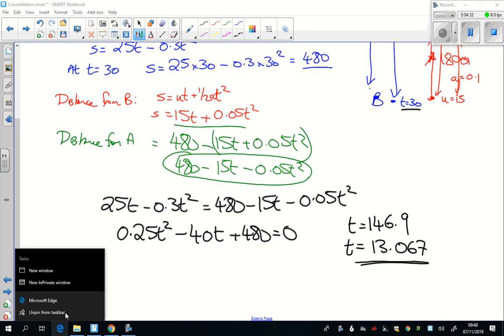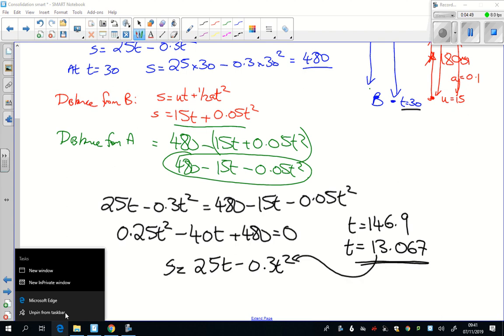But even that isn't the question. The question asks not when, but where do they meet? So where they meet is S equals 25t minus 0.3t squared.